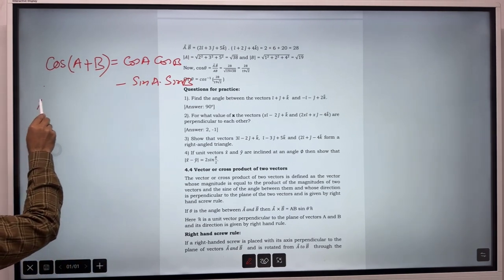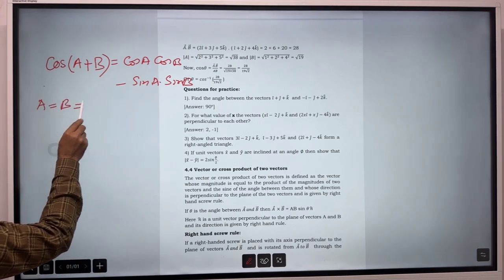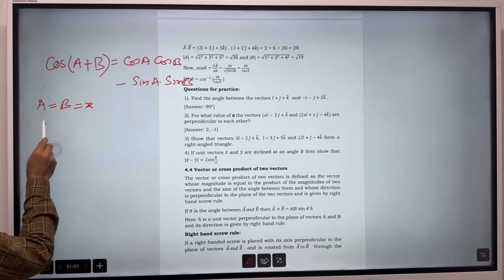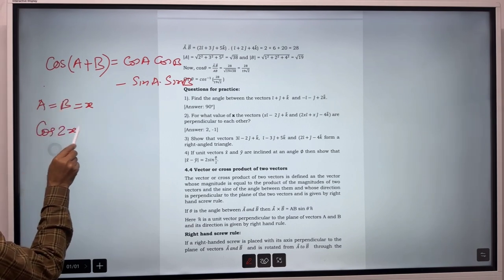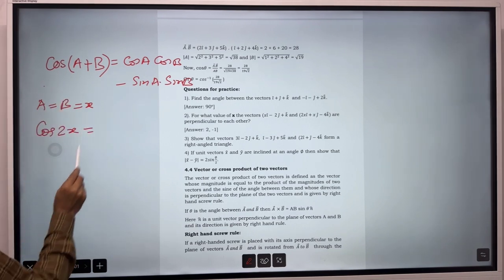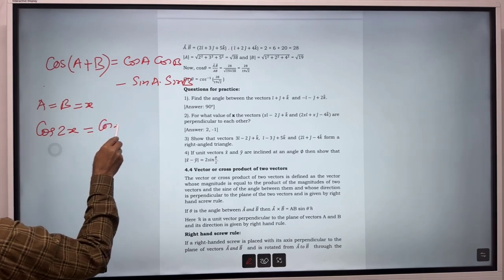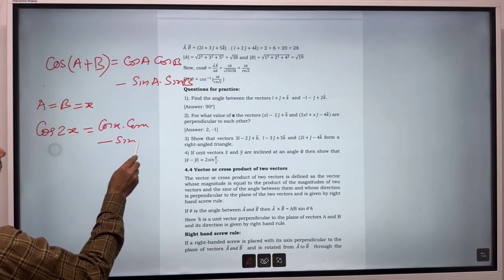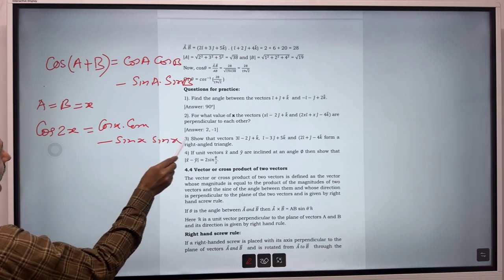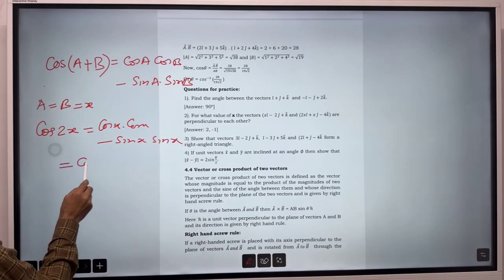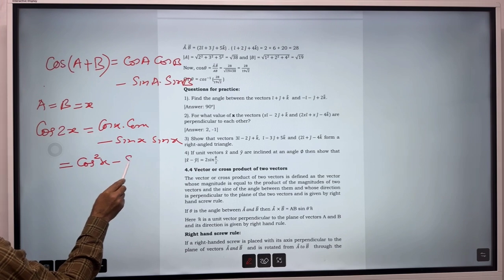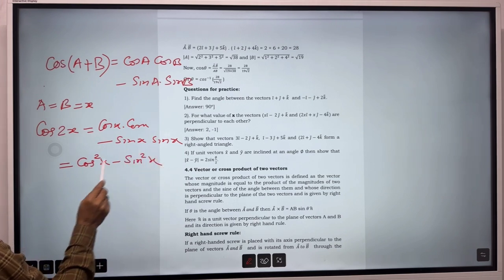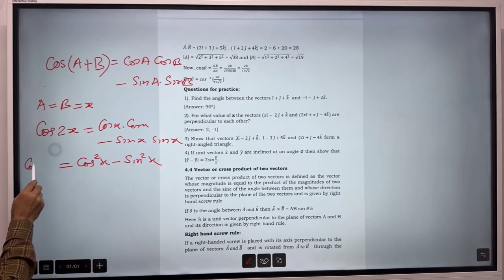So now let's write a equal to b equal to x. So we will get cos 2x equals cos x cos x minus sin x sin x. This gives cos square x minus sin square x. So we have got one formula of cos 2x.